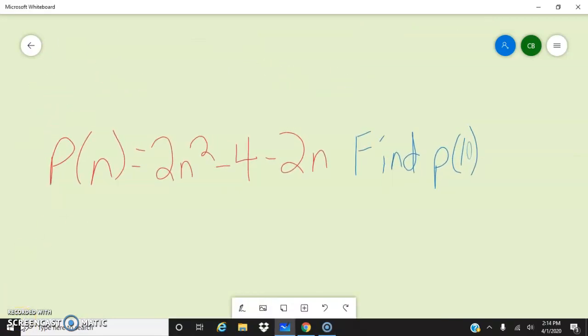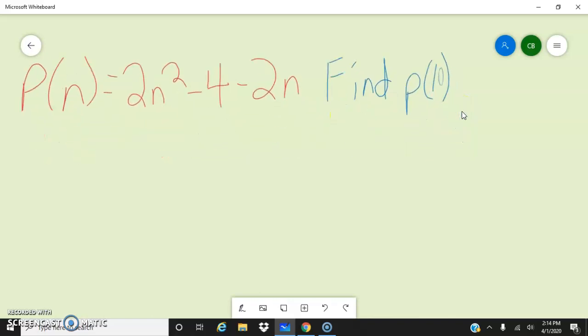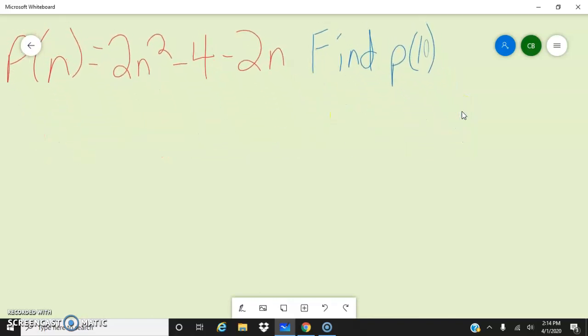Let's go ahead and take this one step further. Now we have p of n equals 2n squared minus 4 minus 2n, and we're going to find p of 10. The number that we're going to be plugging in for n is 10.